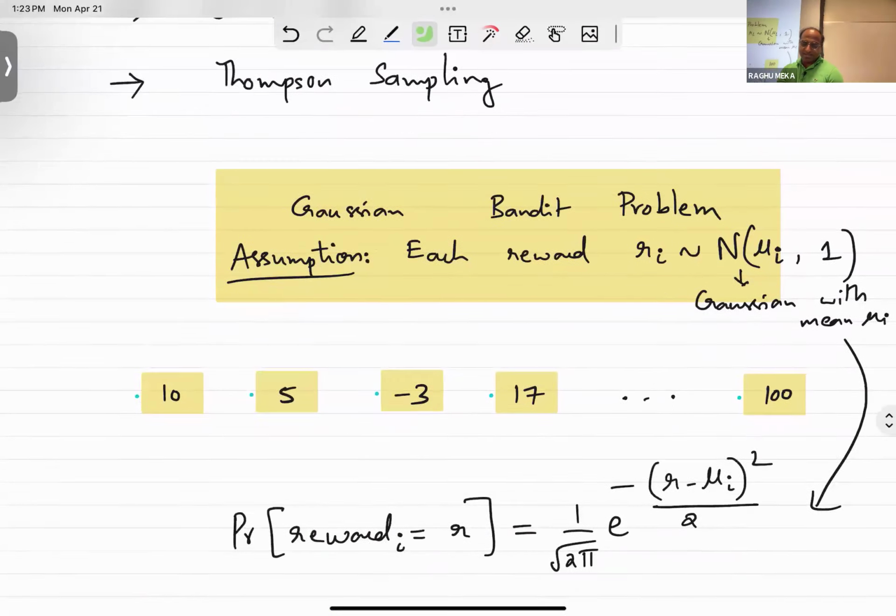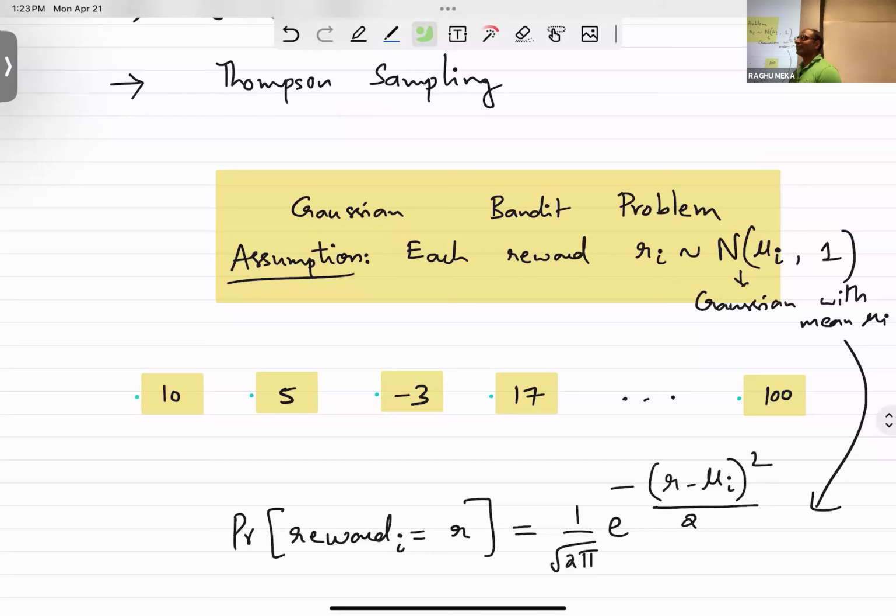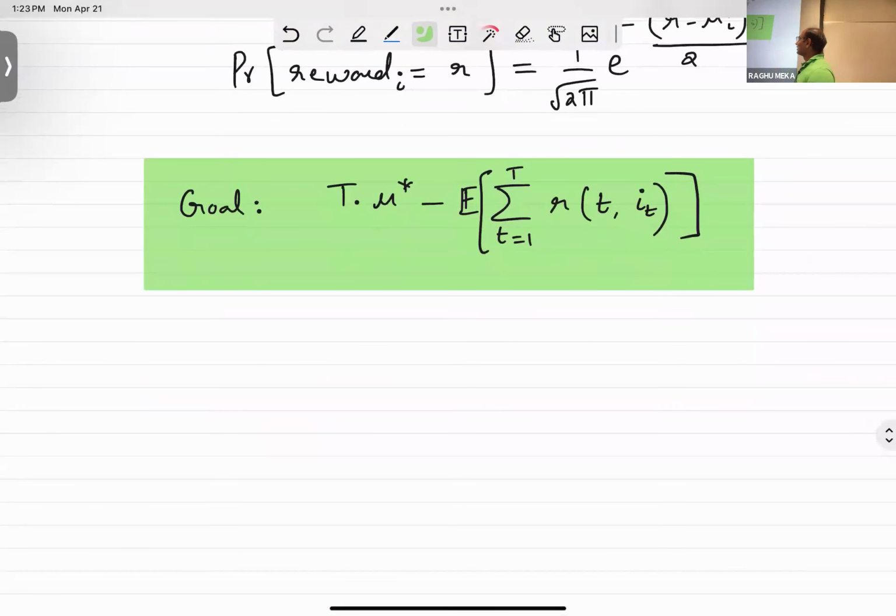If all of the means are the same, for example, your regret will be 0 on average, because you're basically doing very well. So if there is no gap between the different means, any algorithm is going to do well. If all of the choices are the same, you don't get any extra gains by picking a particularly good choice. So it really depends on the gaps.